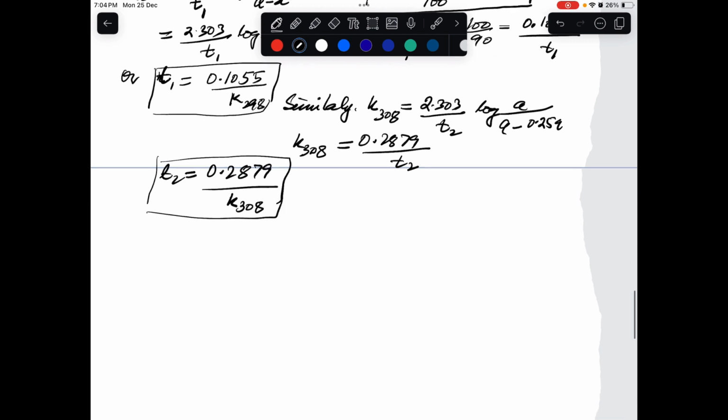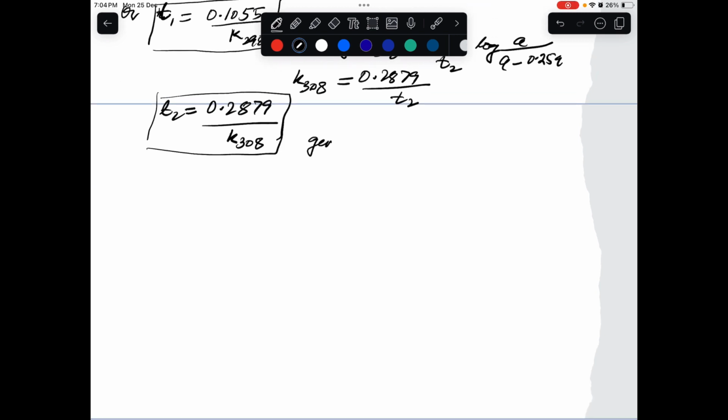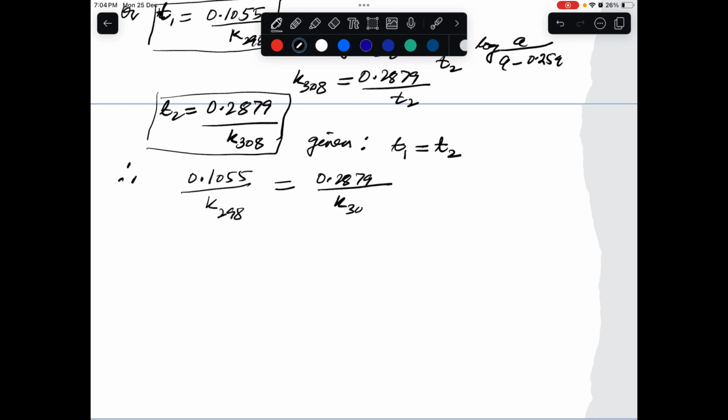Now in your question, what is the condition given to us? Given is that the time taken for 10% completion is equal to that for 25% completion. Therefore, 0.1055 divided by K298 is equal to 0.2879 divided by K308.